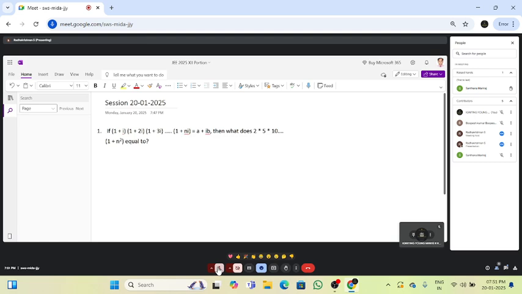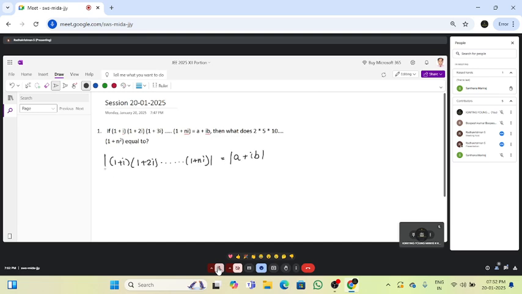So you immediately get the answer for this. Take mod. And mod of z1 z2 z3 z4, etc. is equal to mod of z1 into mod of z2 into mod of z3 and so on.